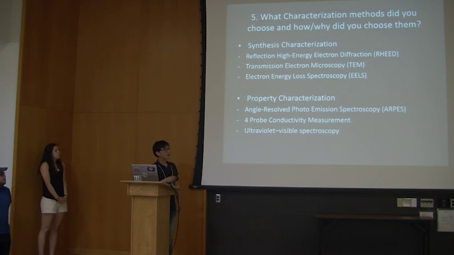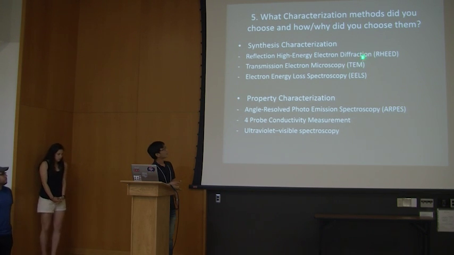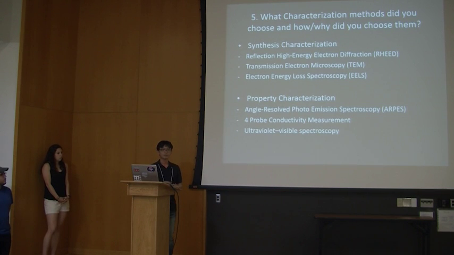In order to characterize whether or not we grew the correct material, we chose RHEED, TEM, and EDS. RHEED can tell us the material information only on the surface, so that we can characterize the material while we are growing it. TEM will tell us the exact atomic or electron density mapping.